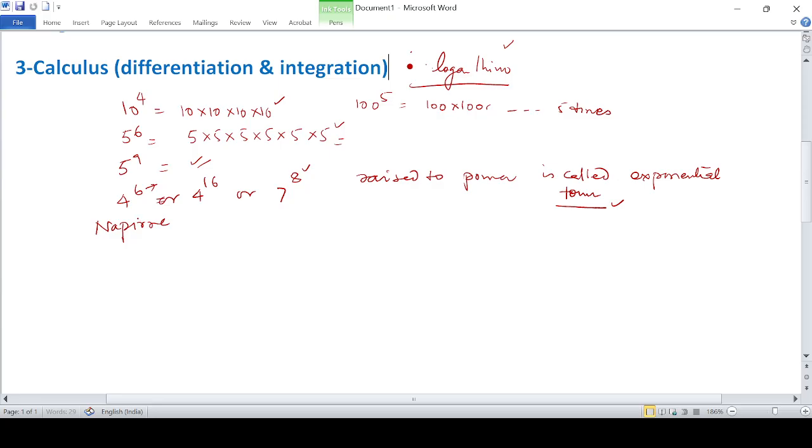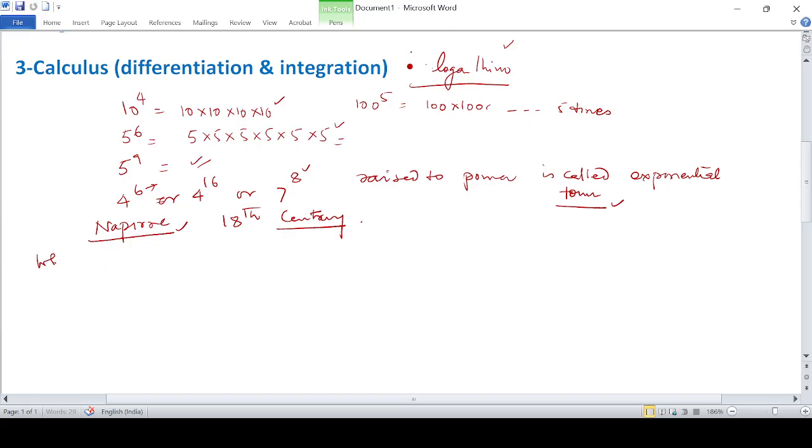You may not go about the correctness of the spelling. It is Napier who invented this logarithm, in something like the 18th century, which is not important for anybody. Okay, so what is logarithm?